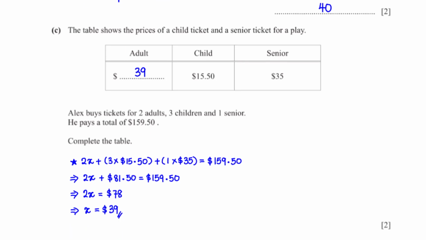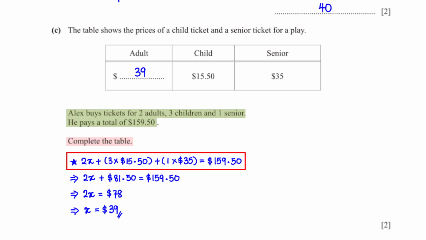The table shows the prices of a child ticket and a senior ticket for a play. Alex buys tickets for 2 adults, 3 children, and 1 senior. He pays a total of $159.50. Complete the table. Let's represent the cost of an adult ticket with x.